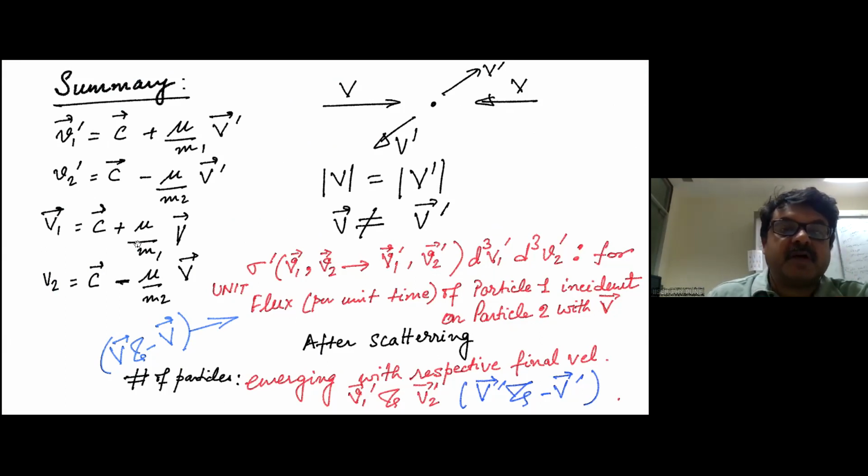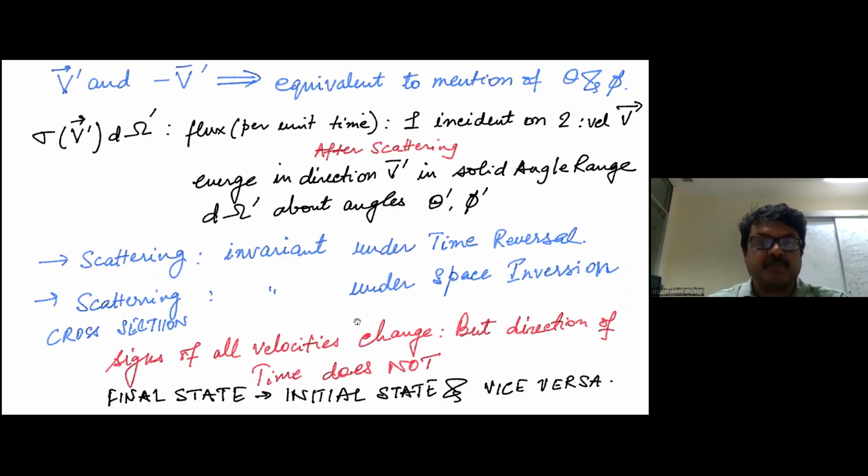That could be written in terms of the center of mass frame, where the two particles are approaching along exactly opposite directions, but with different velocities, μ/m1 V and μ/m2 V, with plus and minus signs. And our aim is to have some simple expressions for the scattering cross section. That's where we are heading.